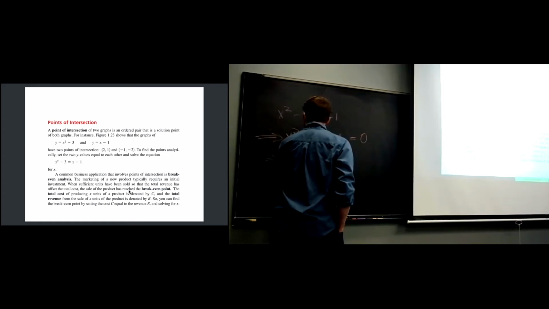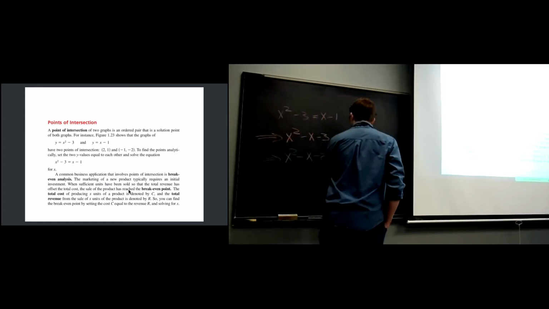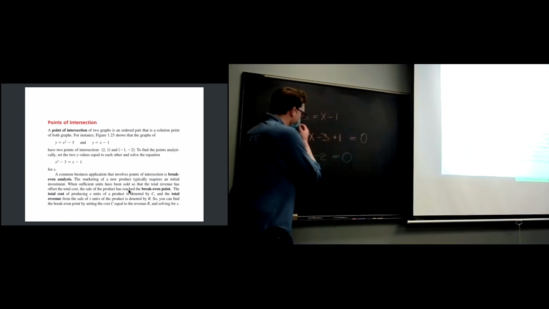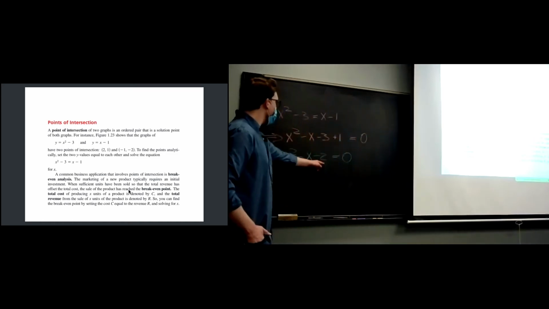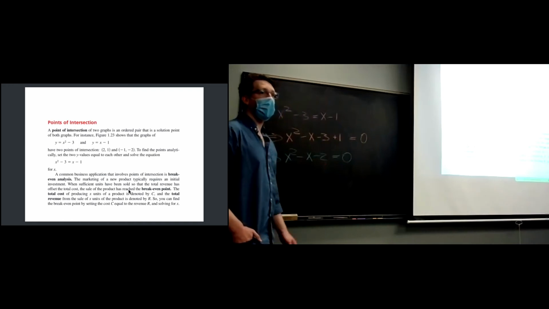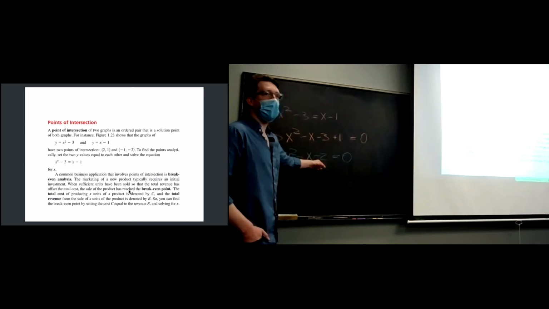So this is going to give us x squared minus x minus 2 is equal to 0. And from here, we're just going to have to apply the quadratic formula, right? Or if we can factor it out, we're going to need to factor it out.